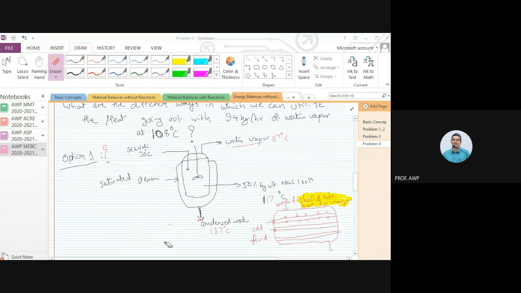Rather than heating up this condensed water, can we not heat up this seawater? That seawater is fairly cold as compared to this water vapor. Don't you think we can use a heat exchanger in which we take, let's say, seawater, put it through this shell and tube exchanger?